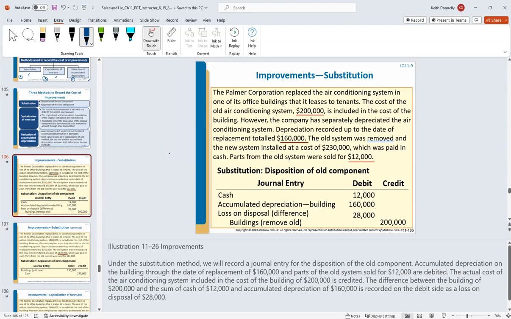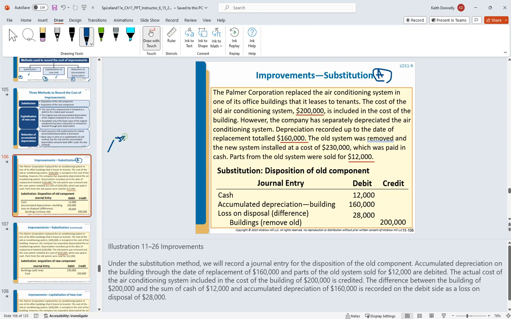Let's look at an example and give it some numbers. We're looking at option A with a substitution. If we substitute here, we essentially have to do two journal entries.